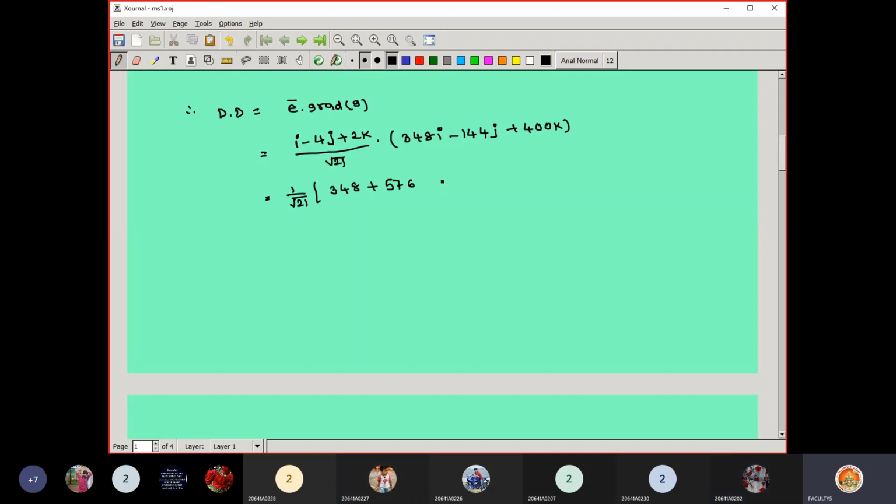Right, 576. Similarly k to k, totally you are getting 800. So finally you just add it. What is the answer you are getting? 1724 divided by root 21. Is it correct? Correct. So this is your directional derivative corresponding to the given function.